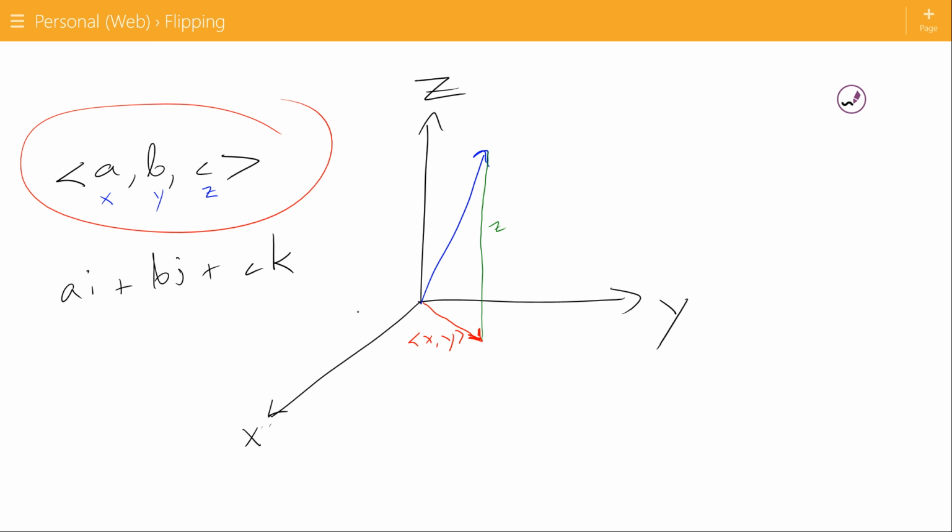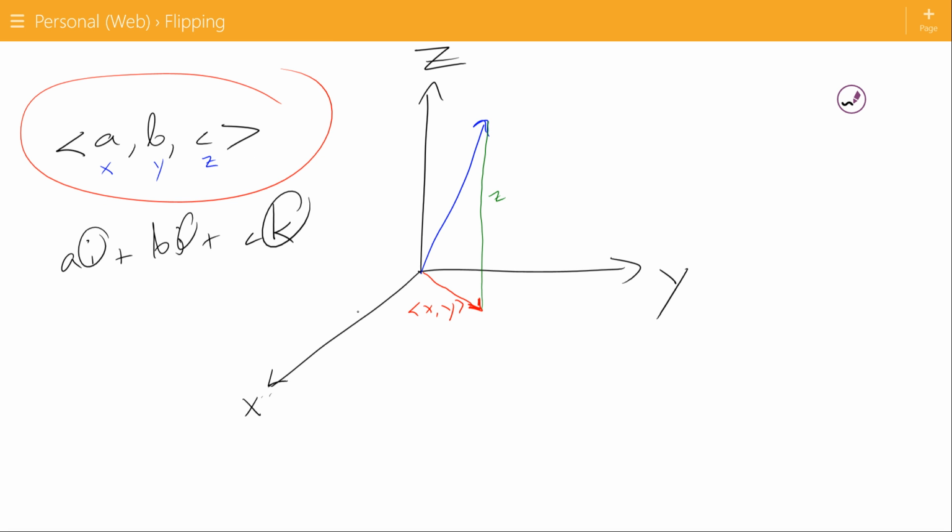Okay? You've got I, J, K. These are the ways that we represent those unit vectors that are for the different planes that we're working with, the x, the y, and the z.